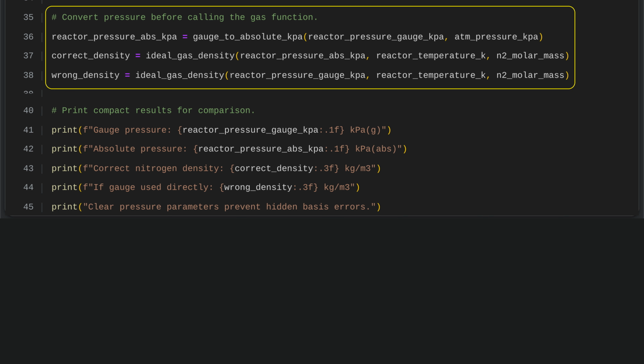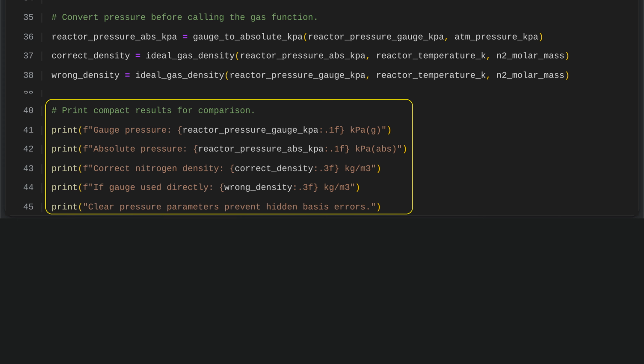To calculate nitrogen density correctly, first convert gauge pressure to absolute pressure by adding atmospheric pressure. Then use the ideal gas density function with absolute pressure, temperature, and molar mass. Repeating the calculation with gauge pressure shows why absolute pressure is needed for accurate results. The output compares reactor pressure values and their effect on nitrogen density.